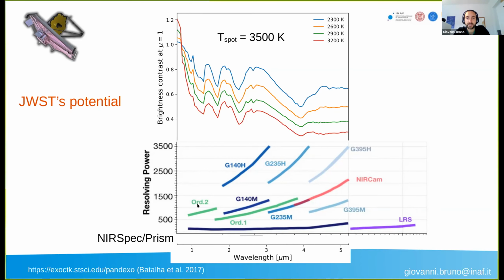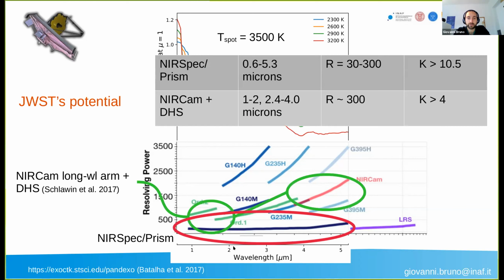The two that we selected are the NIRSpec Prism, which is great because it allows you to cover the wavelength range which goes from 0.6 to 5.3 microns. So a very good coverage for the spectral features that I showed you. And also NIRCam, combined with the dispersed Hartmann sensor mode, which was studied and proposed by Schlawin et al. in 2017.